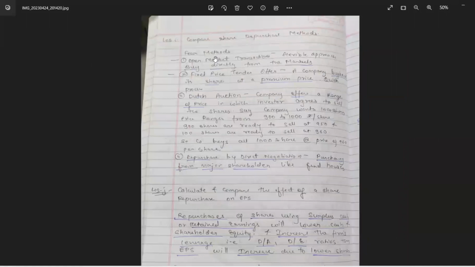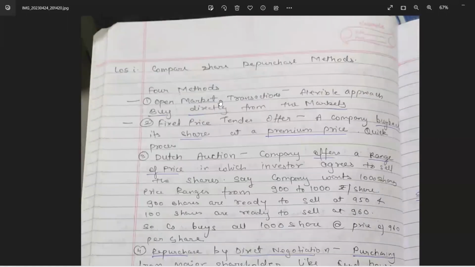So next LOS is LOS I, compare share repurchase methods. So how are companies buying their shares back? There are four methods. One is the open market transaction. Open market transactions are often costly and can lead to several costs.